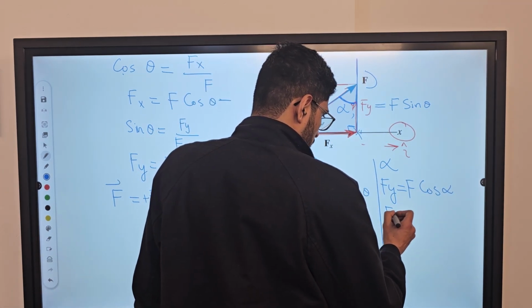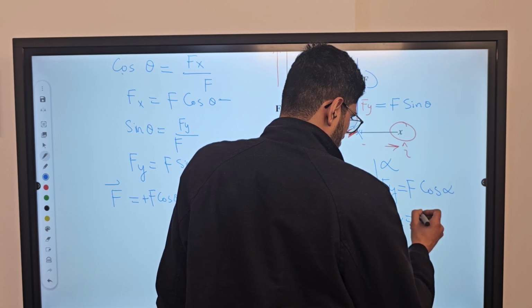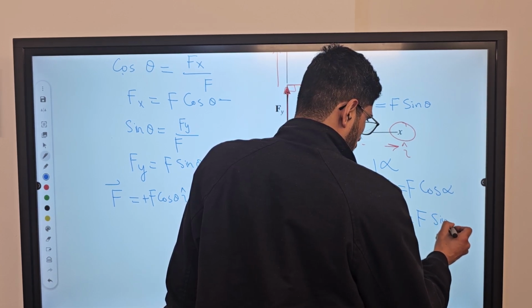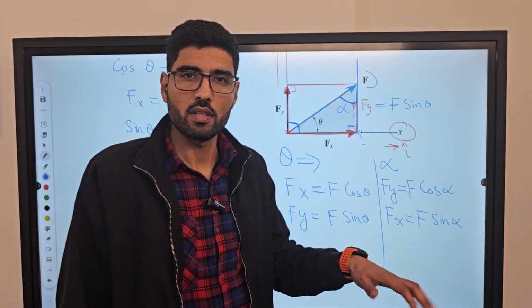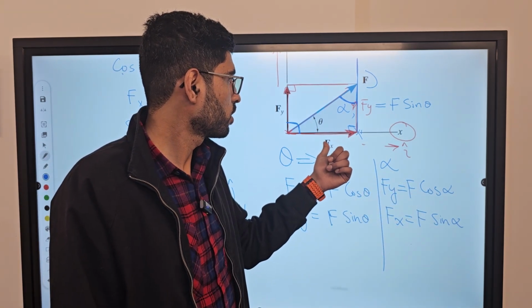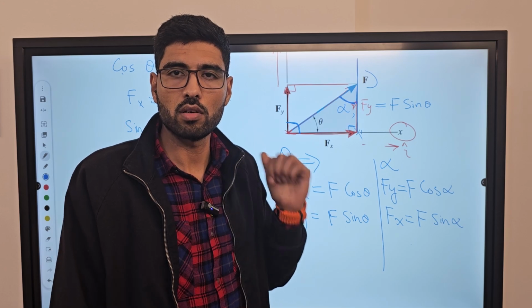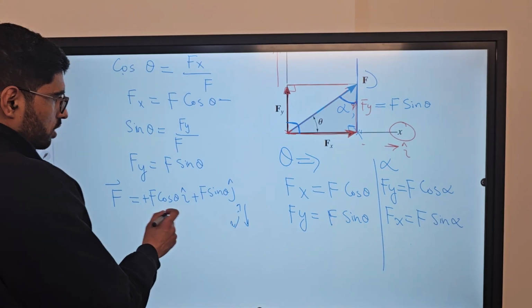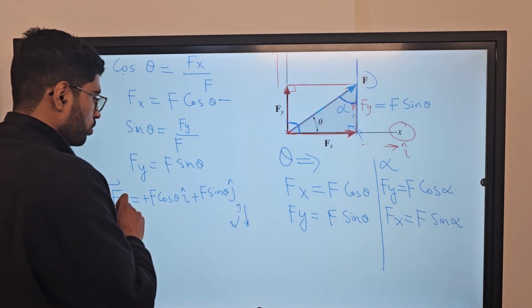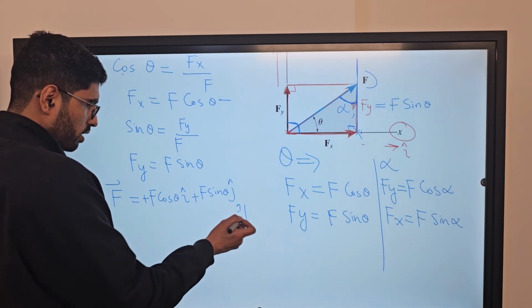And now f of x is the sine component with respect to the angle alpha. So again, the thumb rule is that the component with which the angle is made is always the cos component, and the other component will be the sine component. If you want to write the force f in terms of theta, this will be the Cartesian vector representation.